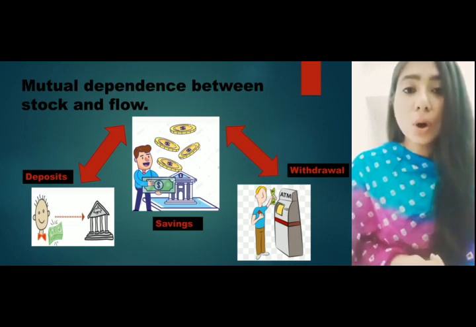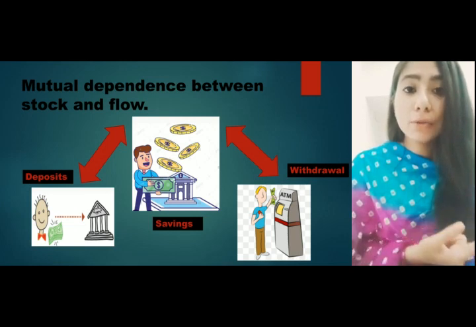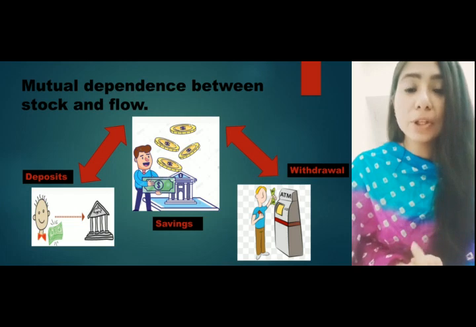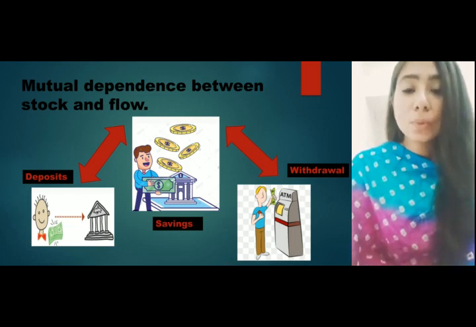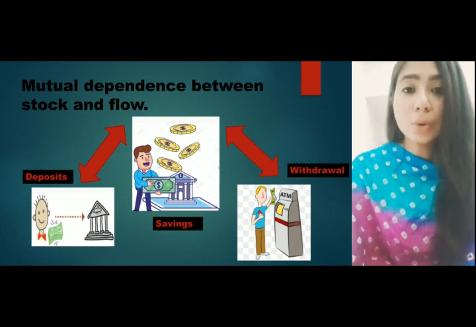So this stock is helping you for the withdrawal, the flow concept, and that deposit flow was helping you to create the stock, the saving. So I hope this is clear. This is how they are mutually dependent on each other. They both need to be there for each other.